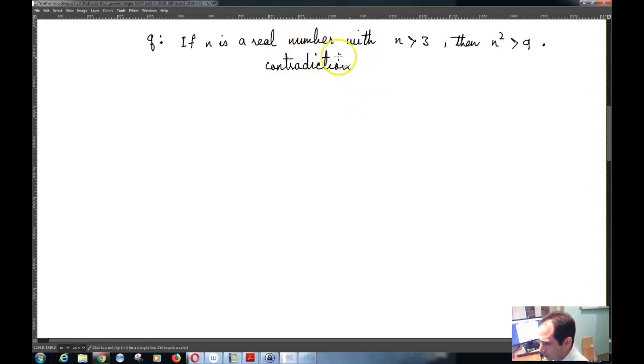So the way that we can use contradiction to prove this is that you have to assume that basically the negation of this statement is true, meaning that you have to assume that not Q is true.